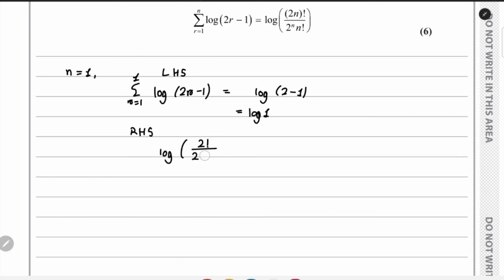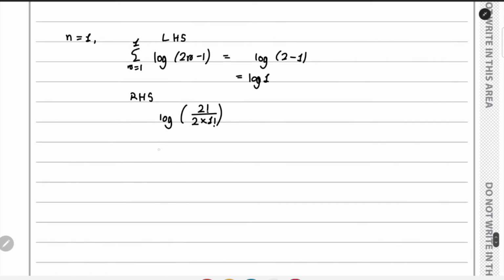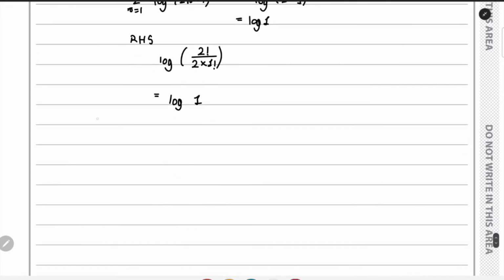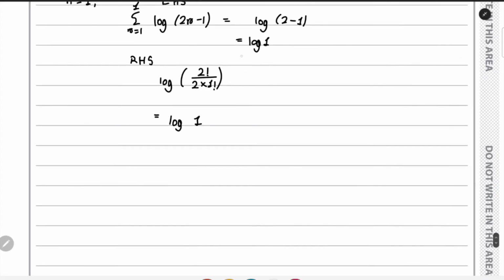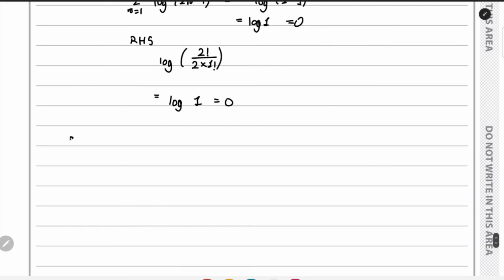So basically 2 times 1 factorial will have log 2 divided by 2, which is log 1. So left hand side and right hand side are equal, both are 0 or log 1. We can just write that log 1 equals to log 1 or 0 equals to 0. We know left hand side is equal to right hand side when n equals to 1.